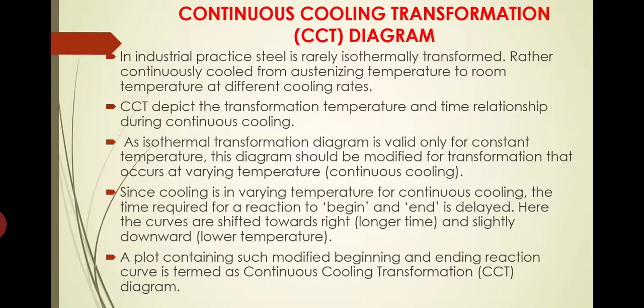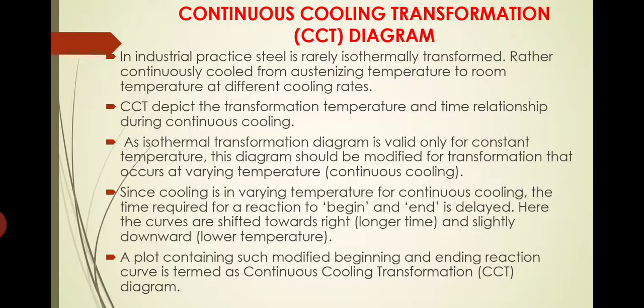Compared with the TTT diagram, in the actual case if the temperature is varying, the beginning time or temperature for a particular reaction to take place will be delayed, as well as the ending. That modification is made to the TTT diagram in order to obtain the CCT diagram.